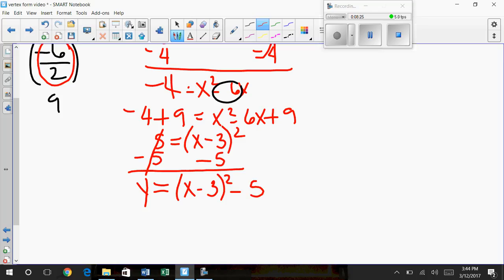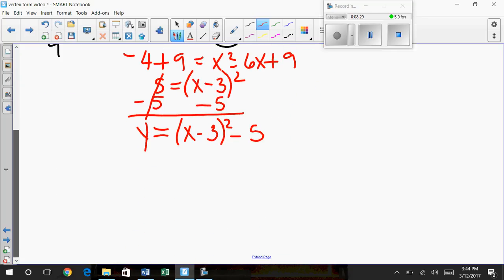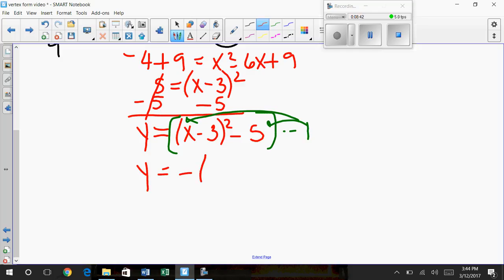And this almost looks like I'm finished, but I know better because I divided by -1 in the very first step, so I'm bringing that -1 back now at the end. So this whole thing is getting multiplied by -1, which means it'll sit in front of my parenthesis and it'll also multiply to the -5. This is negative x minus 3 squared, and now this is +5. So this is my final answer in vertex form.